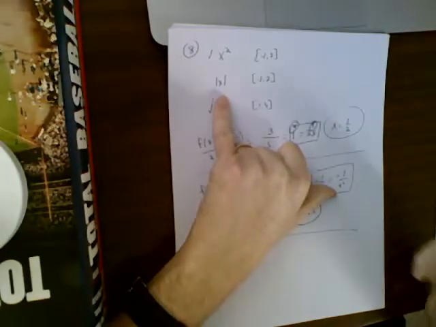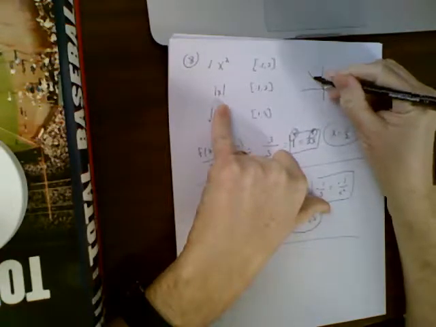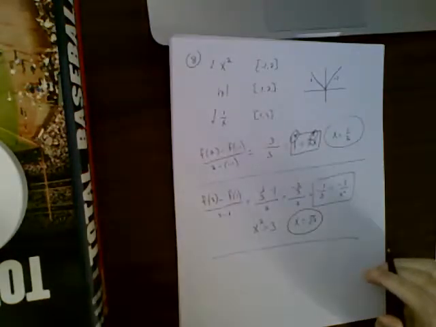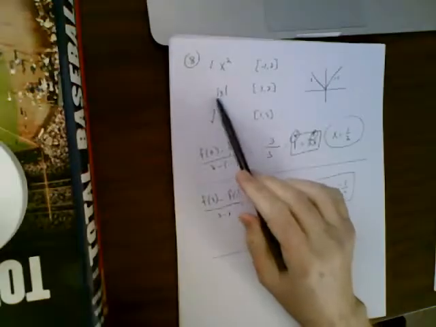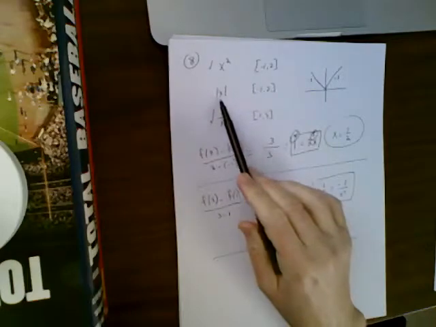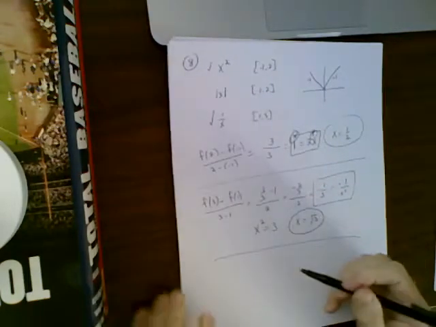Now, if you think about the absolute value function, the derivative is plus 1 on the right-hand side and negative 1 on the left-hand side. So the derivative of this function, depending upon where you are, positive or negative, is going to be plus 1 or minus 1. But let's see what the average rate of change here is.